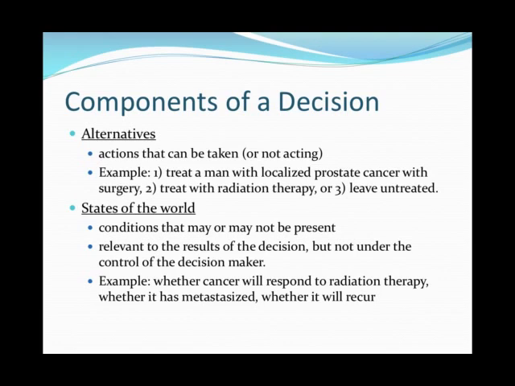So this is called a state of the world: the cancer responding to radiation, the cancer metastasizing, the cancer coming back and recurring. All those are states of the world. They're conditions that are important. They affect the result of the decision I make, but I can't control them.